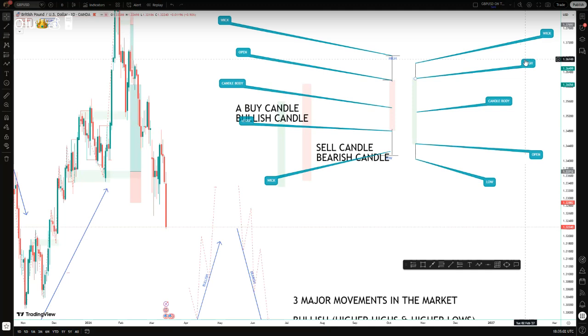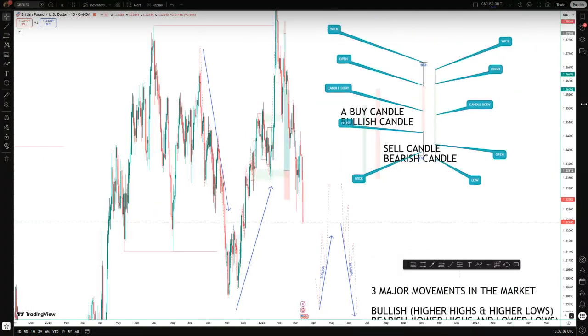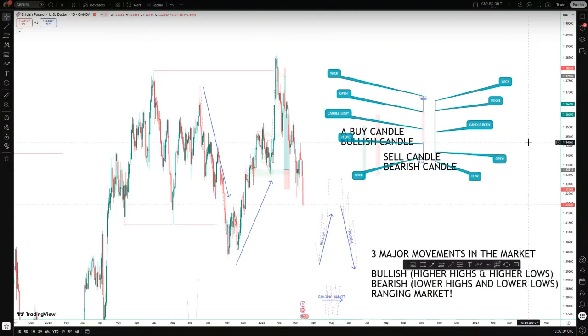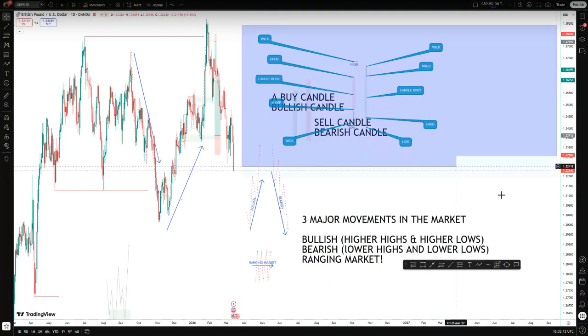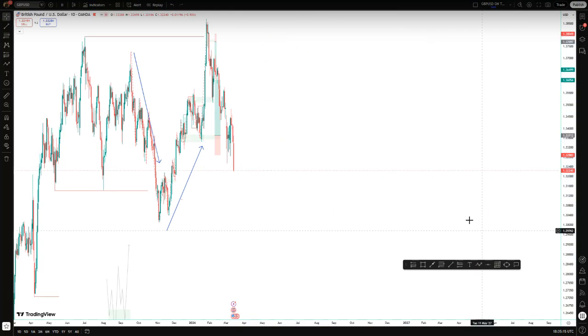This thing is already messy, so I'm just going to clean it up. Your assignment, because I don't need it to be too much, will be just to draw out a pattern, whether bullish or bearish, on charts, just as I've shown you.